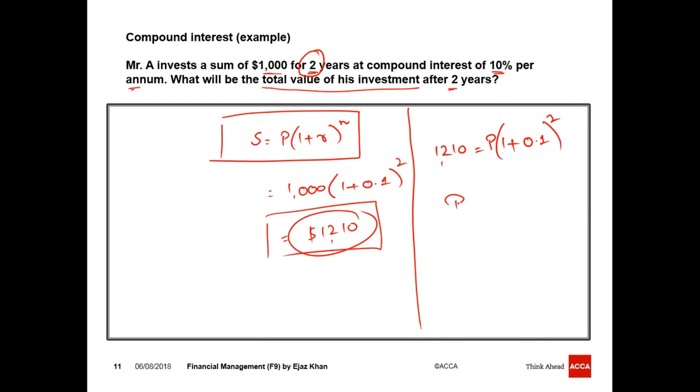So if we solve it for P, we'll again get the $1,000 that was invested at 0.0. So the difference between these two values is actually the amount of interest earned during 2 years.